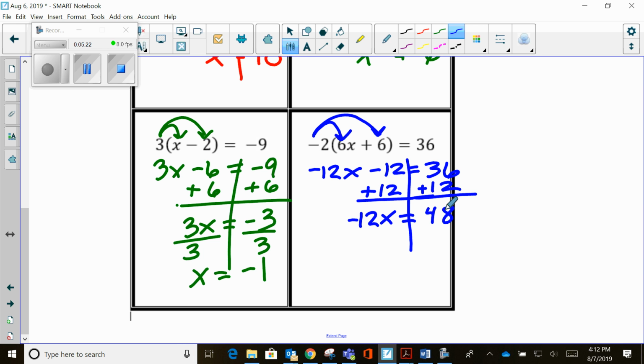And the inverse of multiplying by negative 12 is dividing by negative 12, which gives you x equals 48 divided by negative 12 is a negative 4.